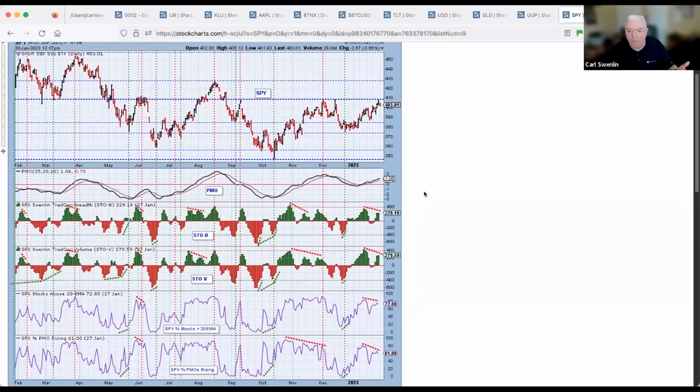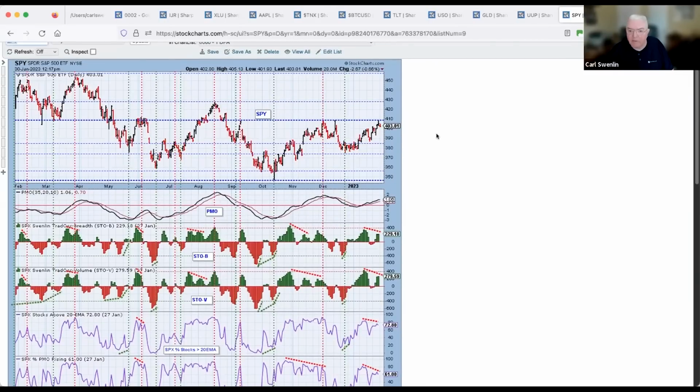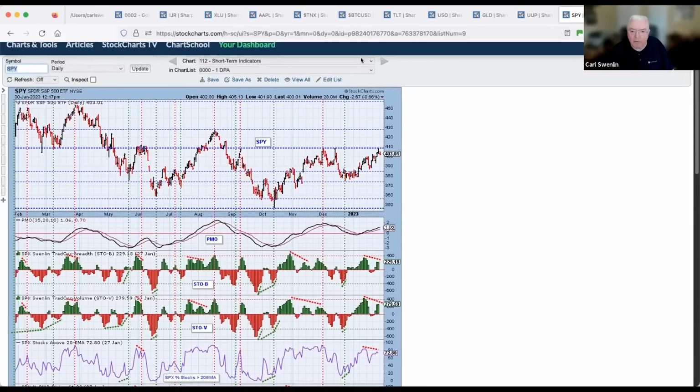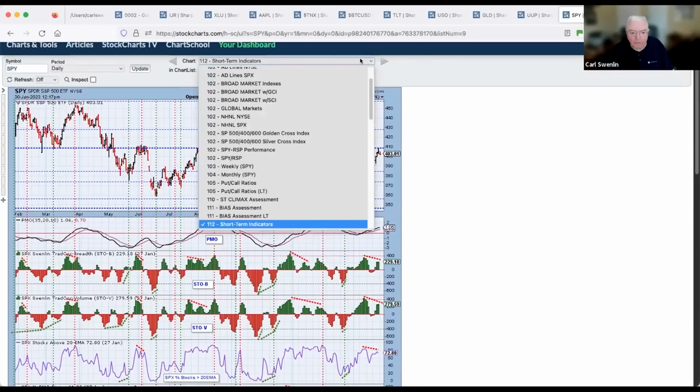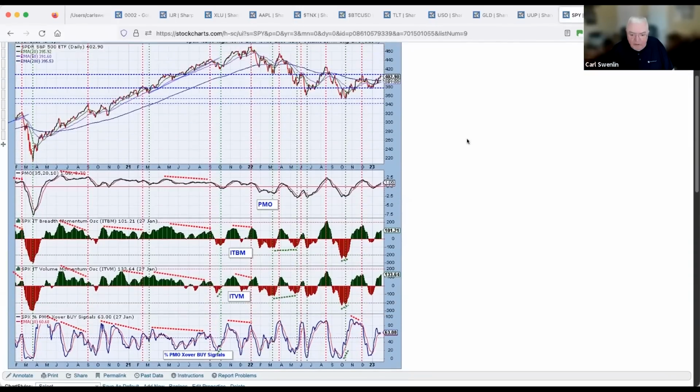So that tells me that we should have a pullback in here. It could be within limits of this rising trend, coming back to the rising trend line, which would not be terrible for the bulls.